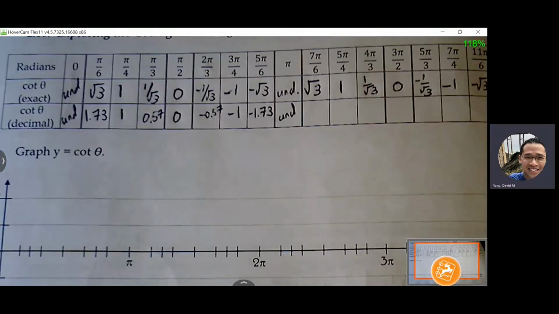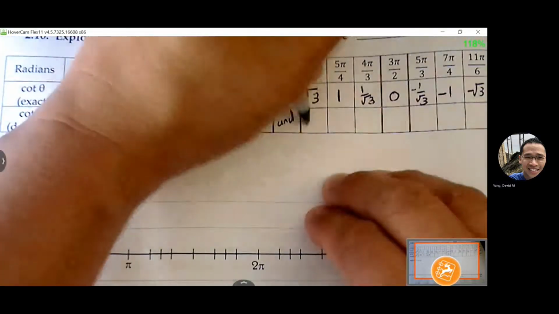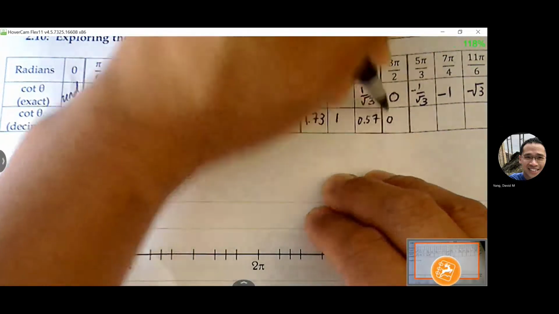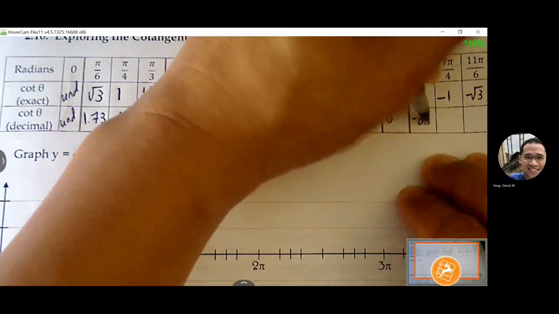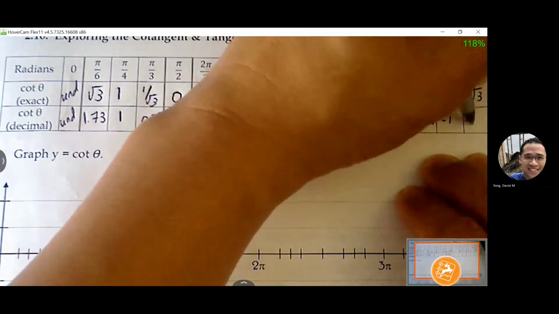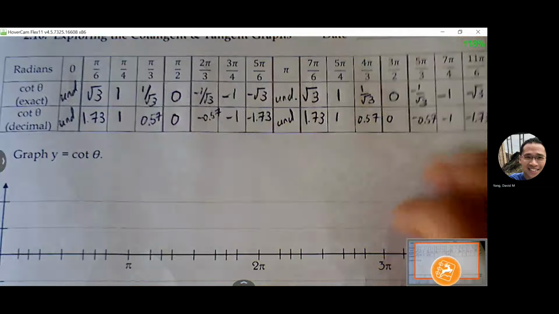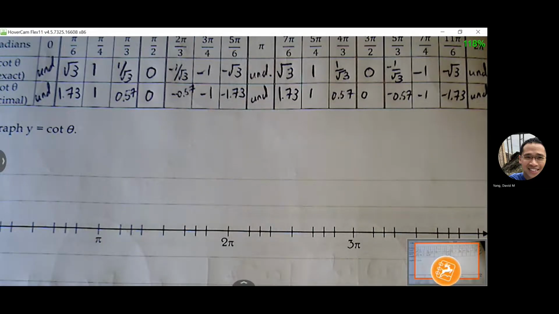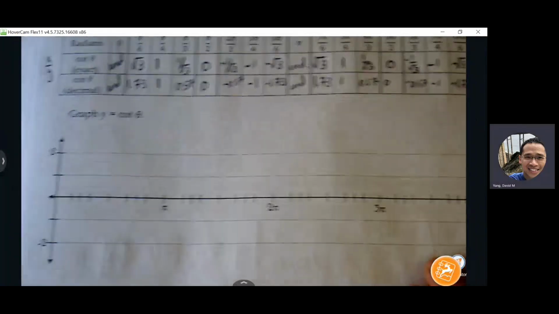After this, everything just kind of repeats itself. Okay, so let's get a picture of our cotangent graph.